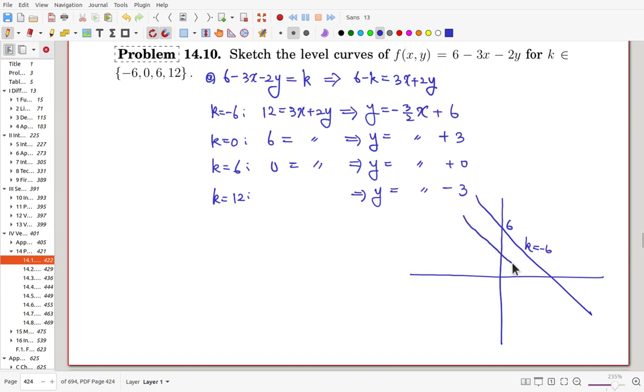And here 3, parallel, that is when k is 0. Another one we have here is when k is 6, and k is 12, then we have one more line here. So the level curves are straight lines for the function.